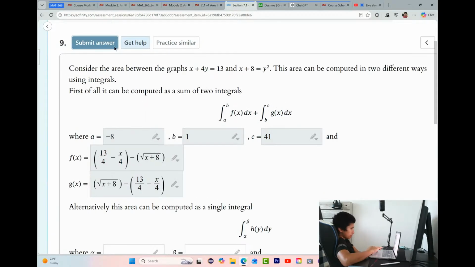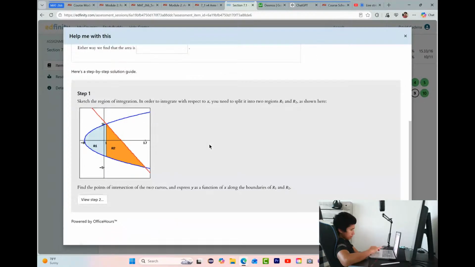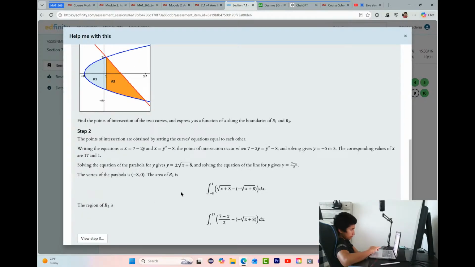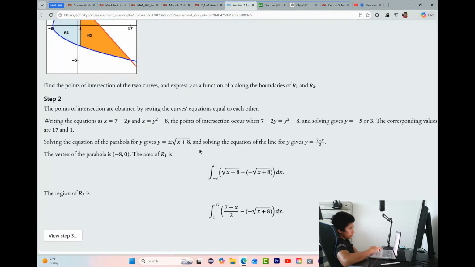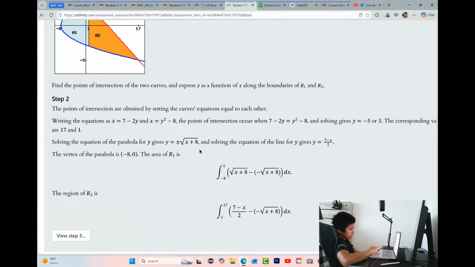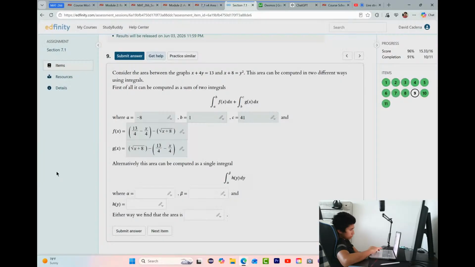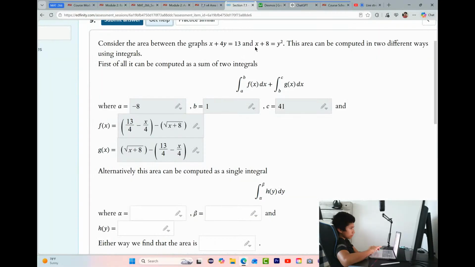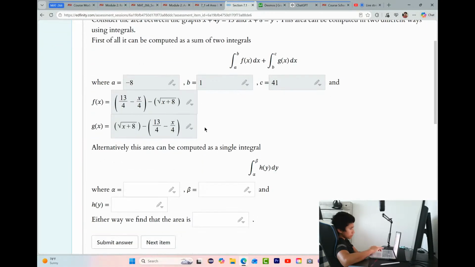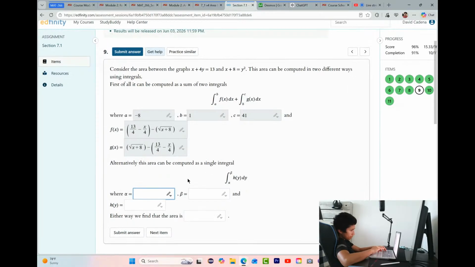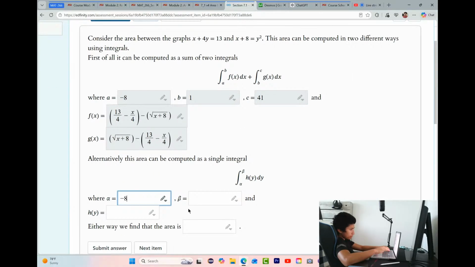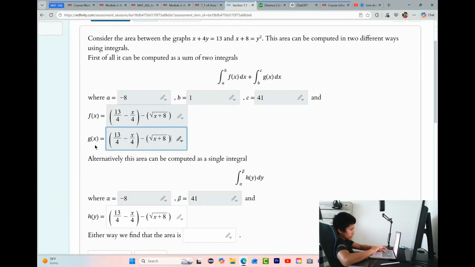Still no. Let's get some help. Right, square root of x plus 8.